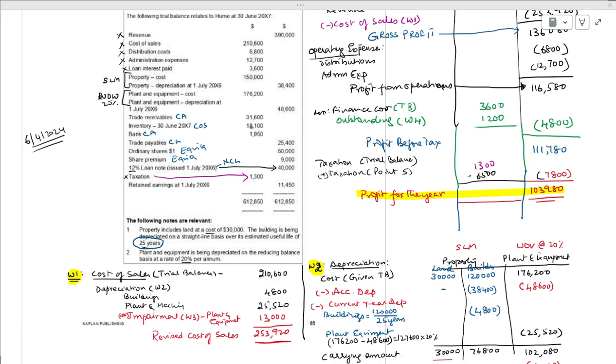See the things: this is the closing inventory, given here as 30th June 2007. See the one which I have highlighted. 18,100. It is there.